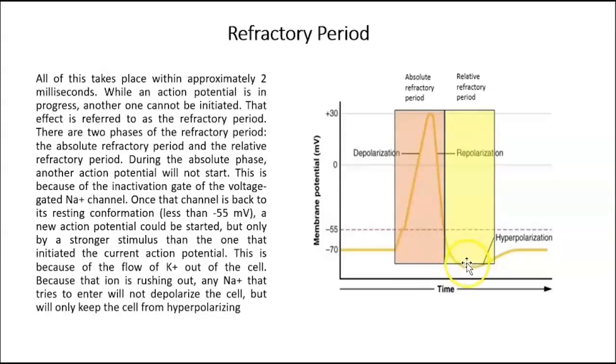So let's say this point is negative 80, more or less at this level. The theory says that if you have a stimulus that is very strong, you can start an action potential right here. You will start it in this yellow area. Therefore, that's why it's called relative refractory period, because you can initiate it even though it's not negative 70.